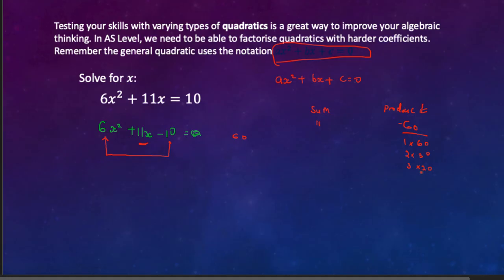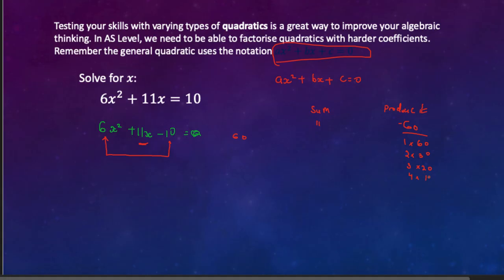But at the back of the mind, you have to remember that these two numbers multiplied, I must get negative 60, and these two numbers added, I must get 11. So if we add just any of these pairs, we can get our negative 60. But when we add them, do we get 11? So we go to 4. So it is 4 times 15.